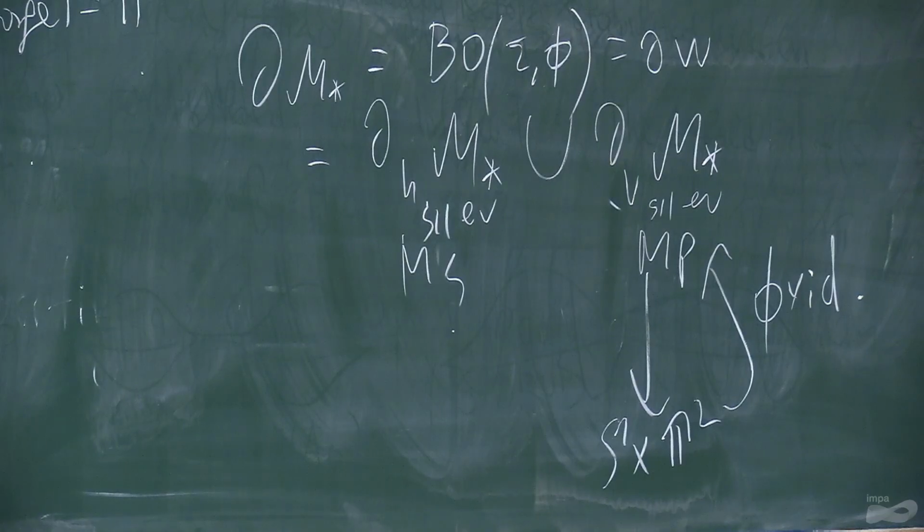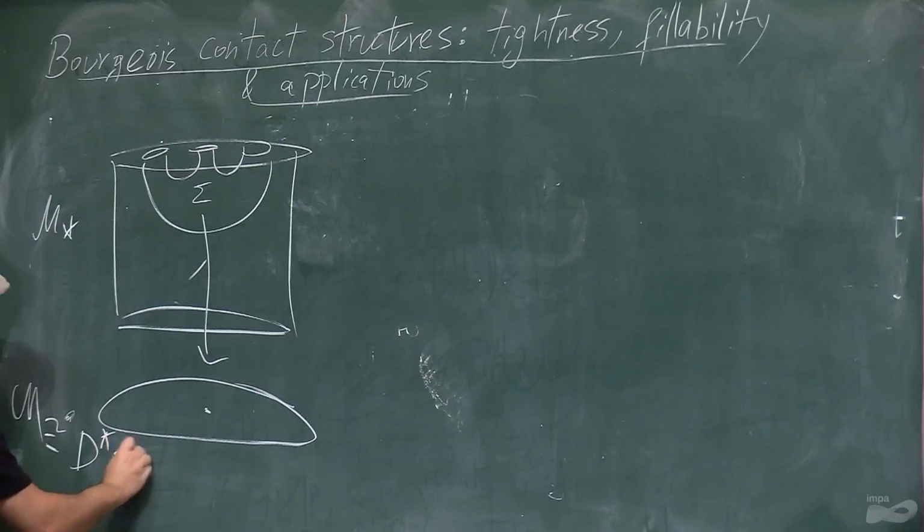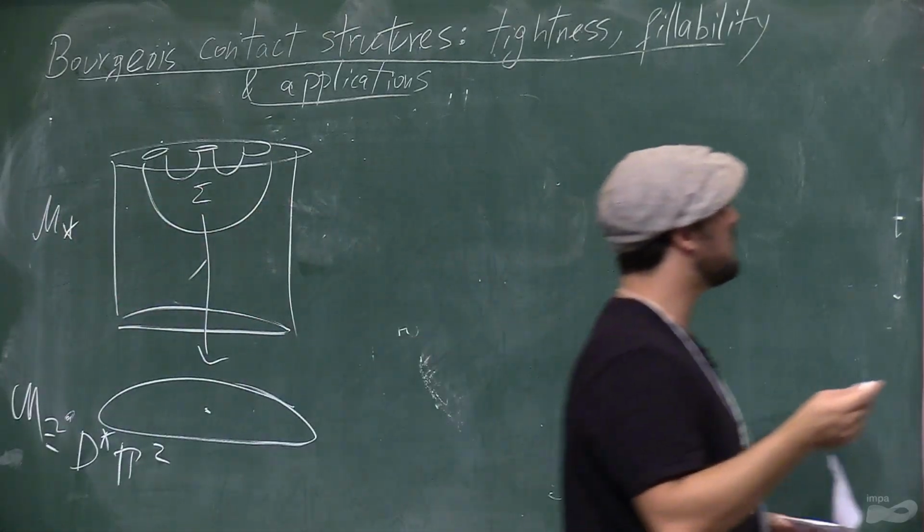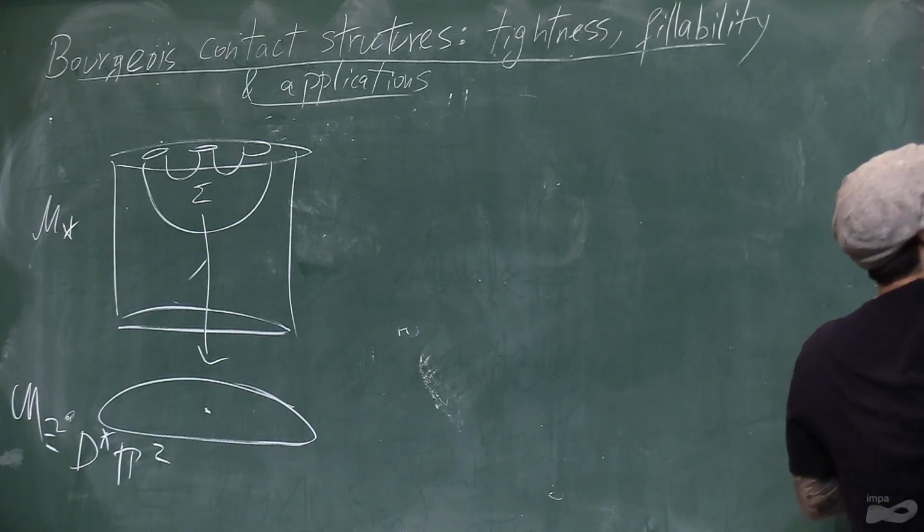So the picture is something like this. I've got my marked moduli space, M star. And here's my fiber, a copy of sigma, fibering over a point here, which is the unmarked moduli space, a copy of D star T2. The way you identify the moduli space with D star T2 is this foliation here.